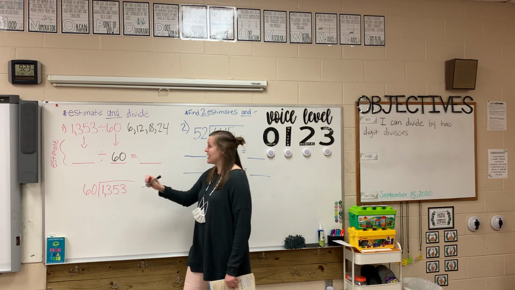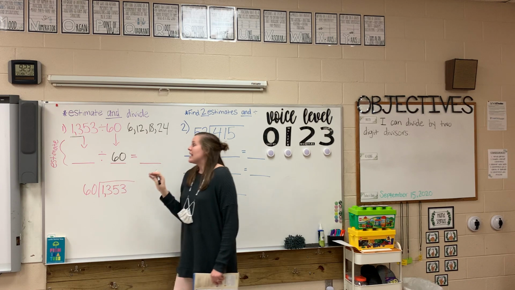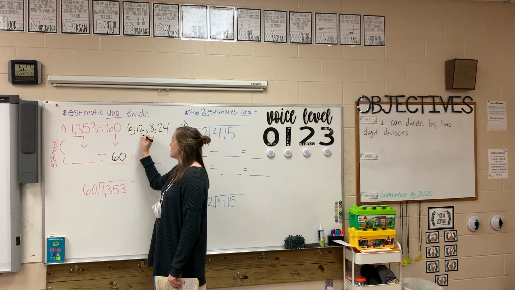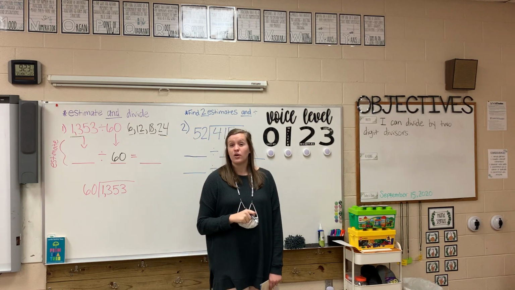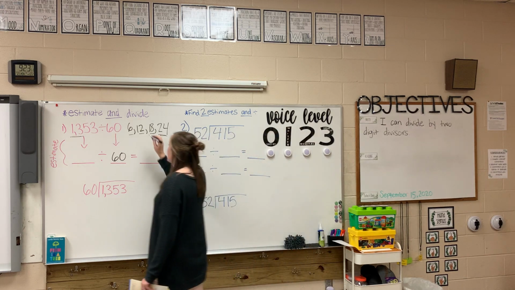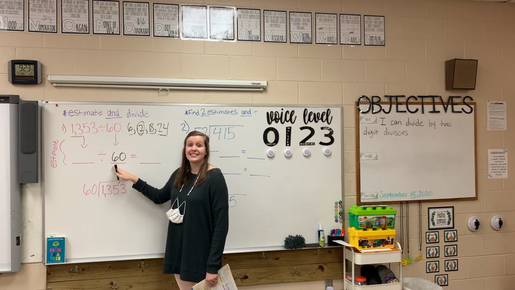So I'm going to see my first digits right here. We'll look at 13. Is 13 closest to 6, 12, 18, or 24? Which one of those is 13 closest to? 12, that's right. I know that all of these numbers are divisible by 6.